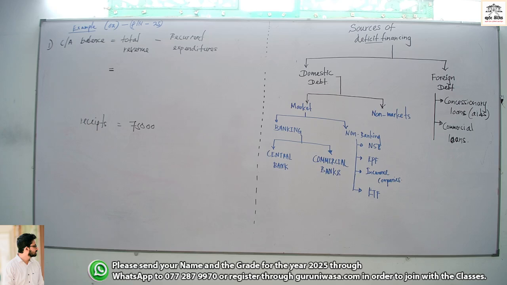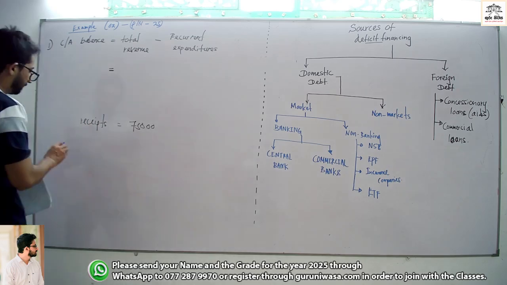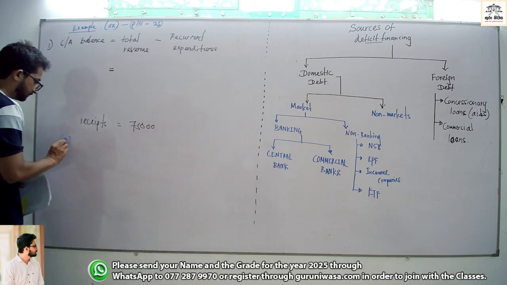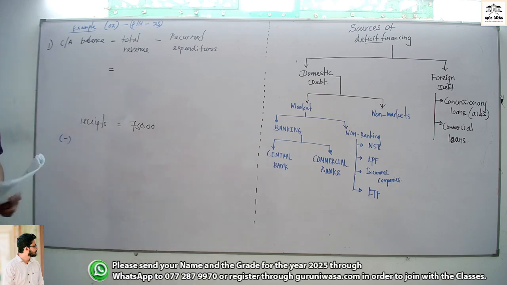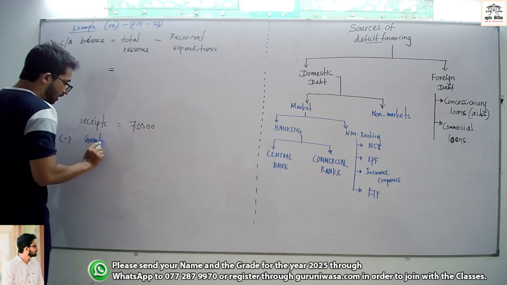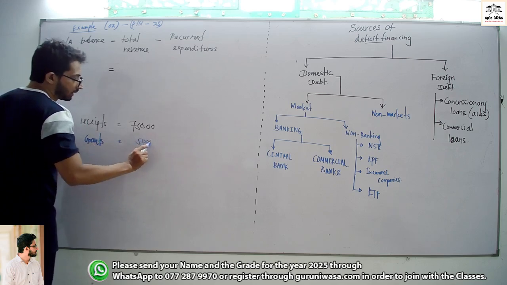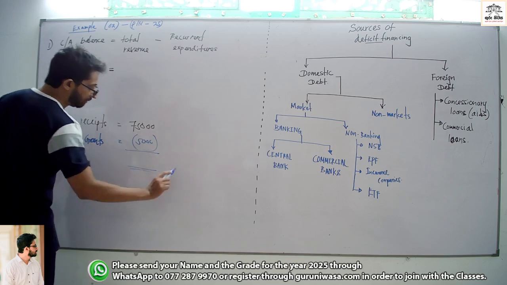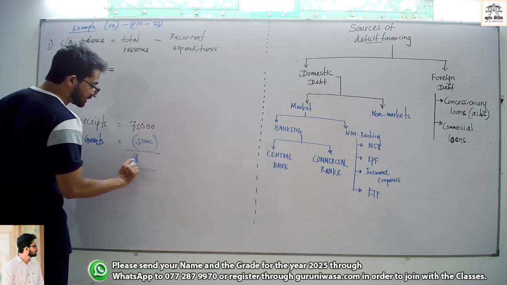What should I do? Deduct 5,000 grants. Yes. Then total government revenue would be how much? 70,000.